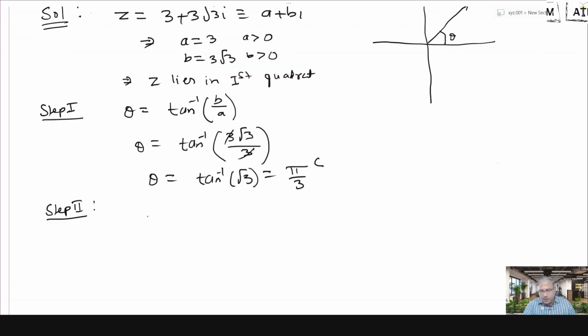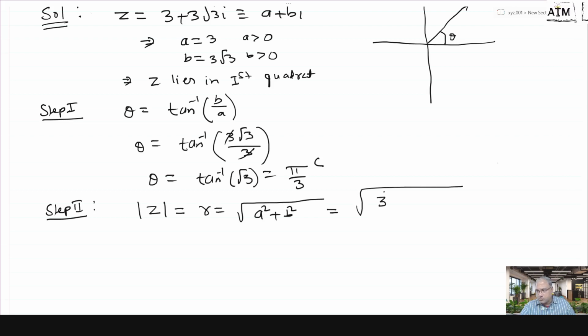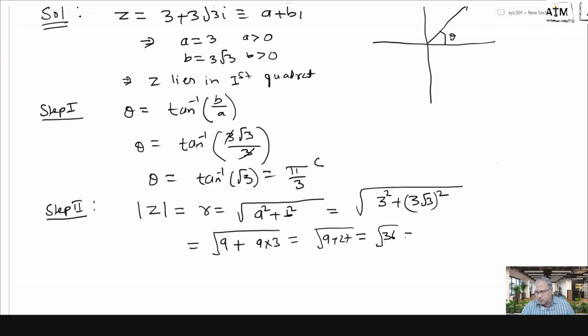In step 2, we find the modulus of the given complex number, that is modulus of z equals r equals under root of a square plus b square, which equals under root of 3 square plus 3 root 3 whole square, equals under root of 9 plus 9 into 3, equals under root of 9 plus 27, equals under root of 36, equals 6.